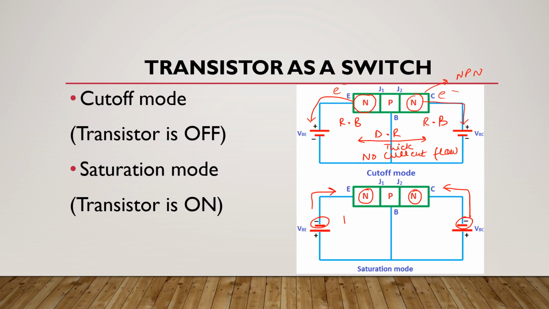Now this junction will be forward biased, and this one is also forward biased. So as a result of this repulsion, the depletion region will become thin and there will be flow of current in this circuit, which will make this transistor on. So this is how a transistor acts as a switch.